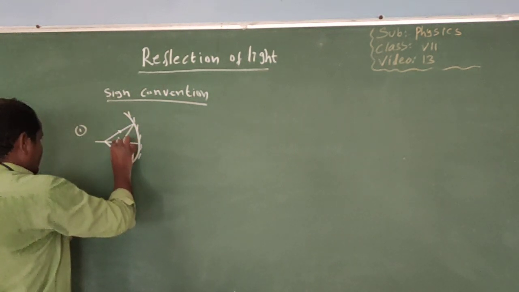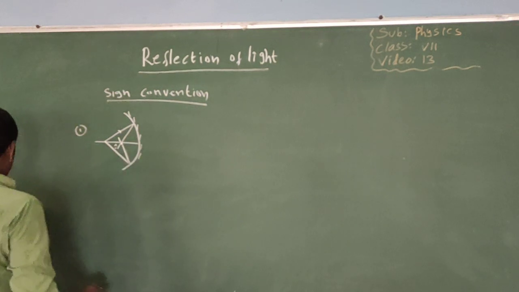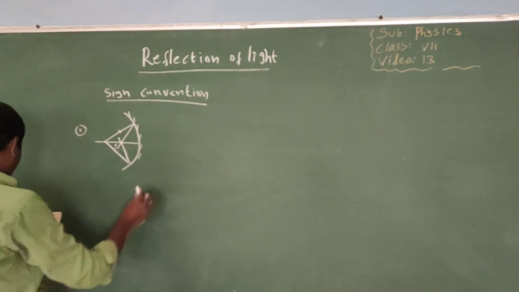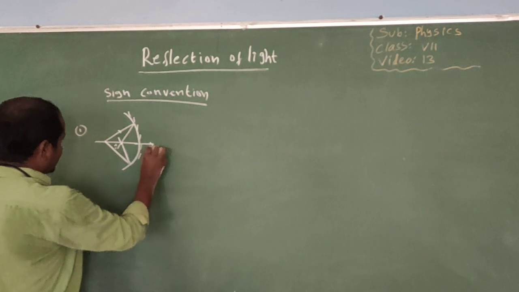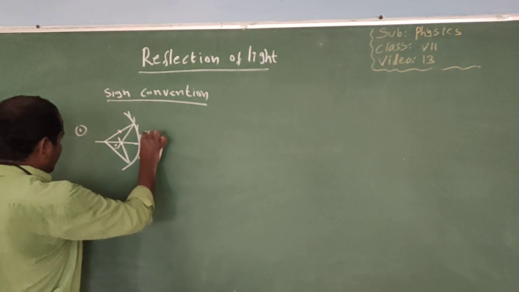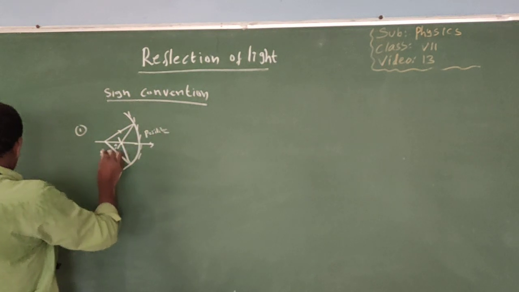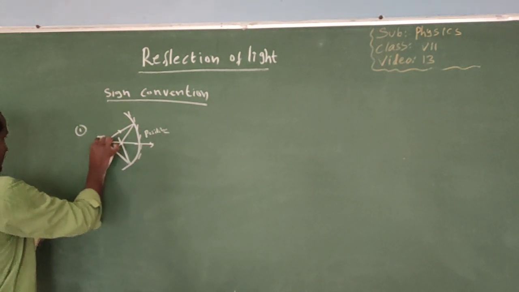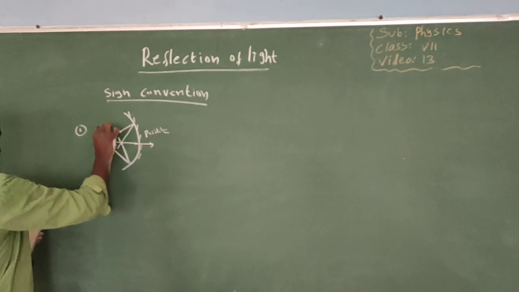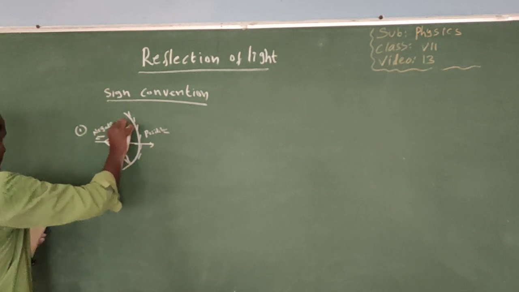This is the image. Above the principal axis is positive, and below it is negative.